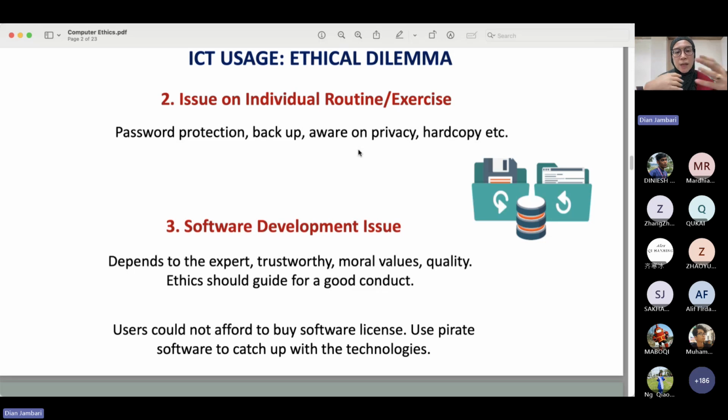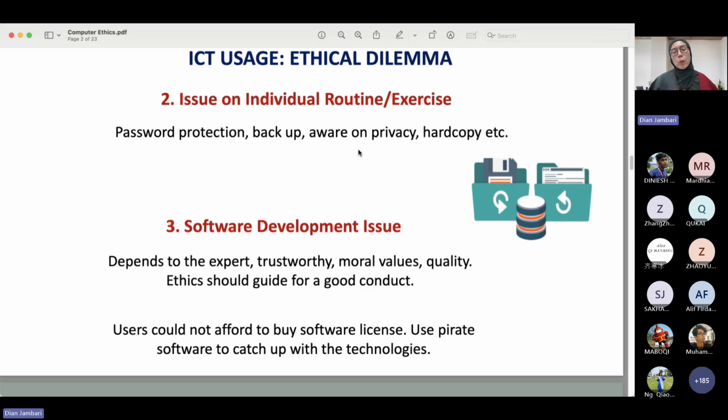Another ethical dilemma that can happen is related to individual routine or practice. There is an ethical dilemma in how our routine and practice in password protection, in doing backups, in being aware of privacy, in making hard copies, etc. These are individual practices related to ICT that can cause a dilemma.